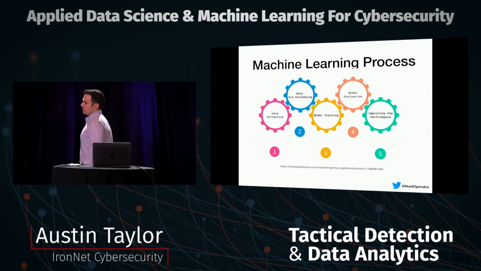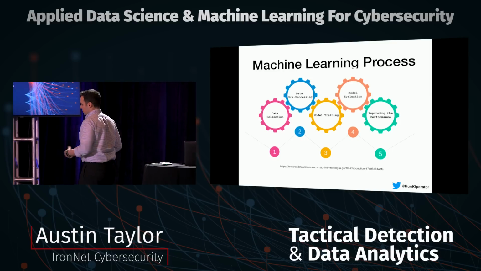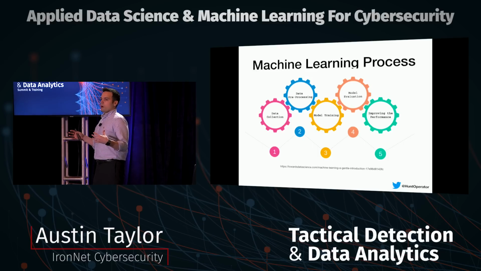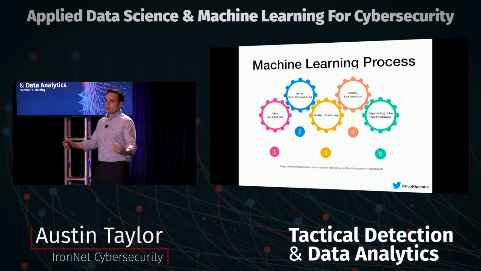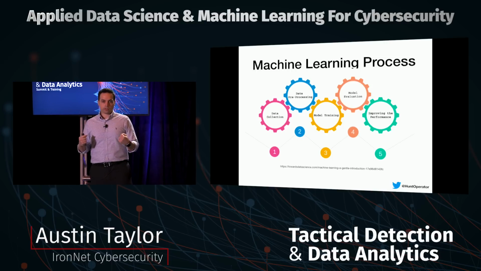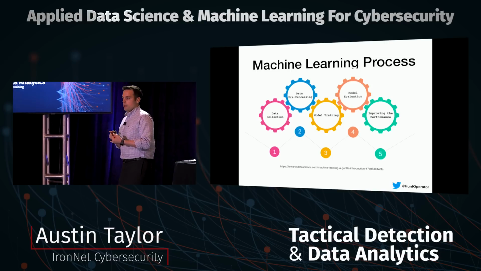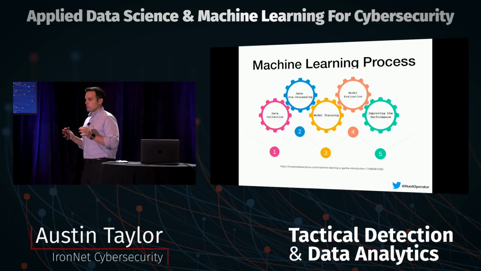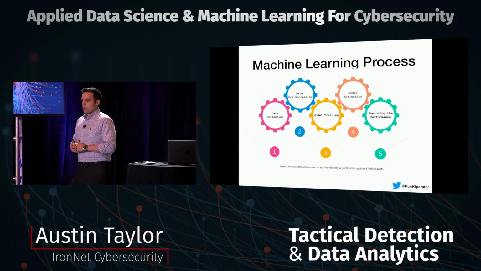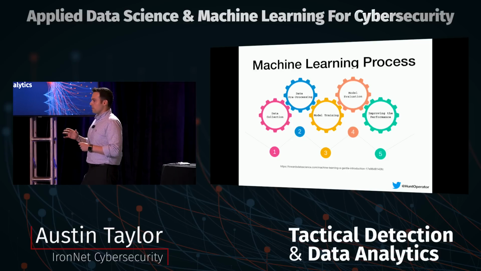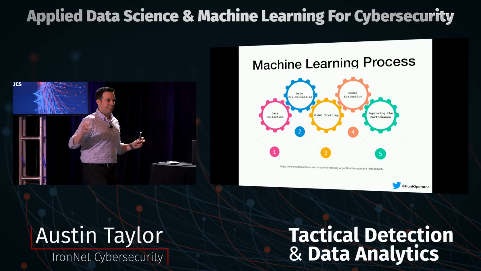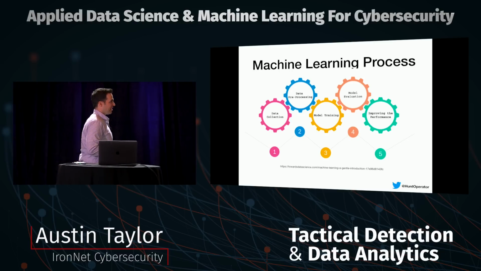The machine learning process is very iterative. I saw a few presentations that called that out. At first, you want to think about what problem you're trying to solve with machine learning, and then you want to go and grab your data. Whether it's phishing or DGA or whatever the use case is, you want to make sure you have an abundance of data so that you can accurately label it. Then you get into the data pre-processing phase, or the data janitor phase, as I like to call it.